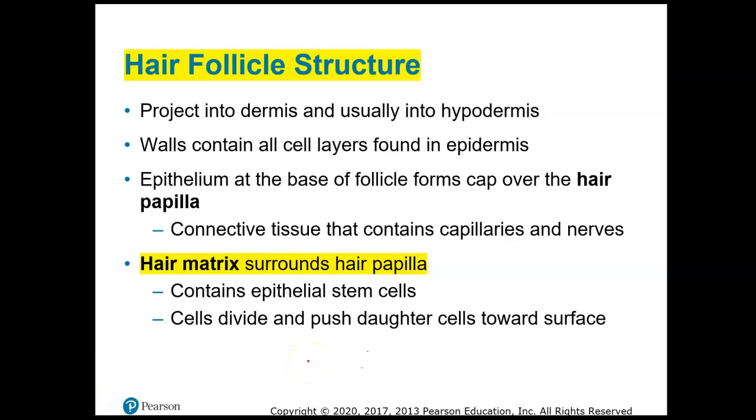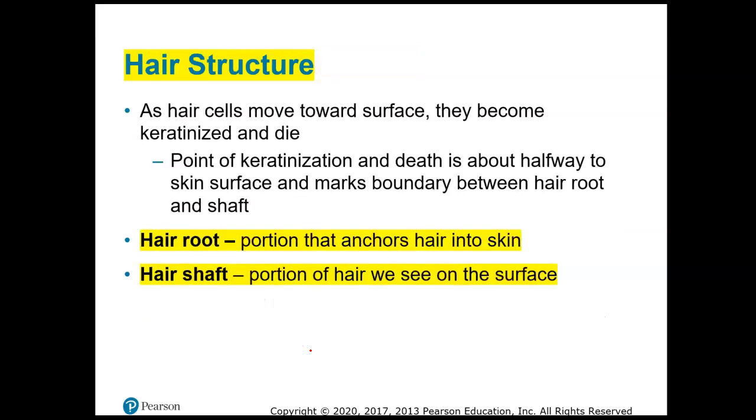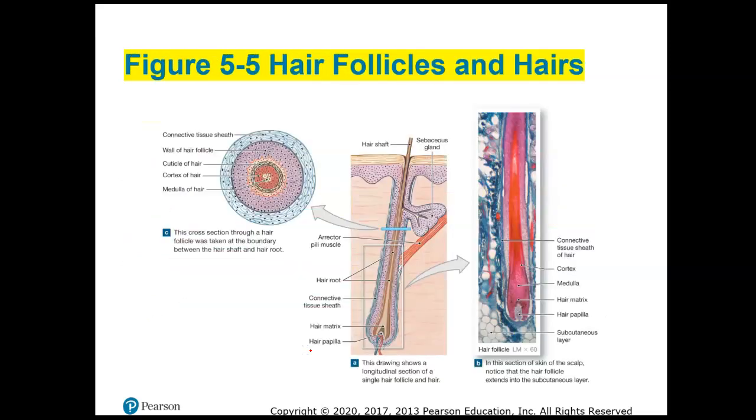And then I want you to see an image of the hair matrix and the hair papilla. Okay, so this is showing you the hair matrix. Here is this part, the hair papilla.